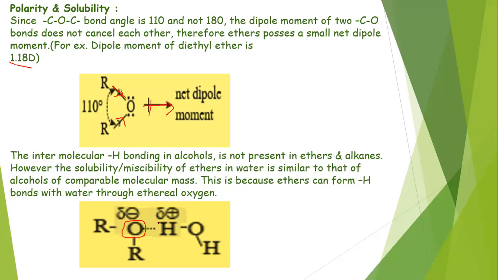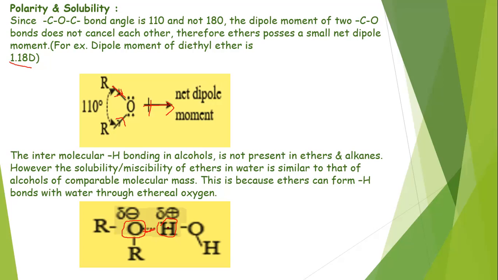So here this is intermolecular hydrogen bonding. This dotted line shows miscibility. Because of this hydrogen bonding, ethereal oxygen can form hydrogen bonding with water molecule.